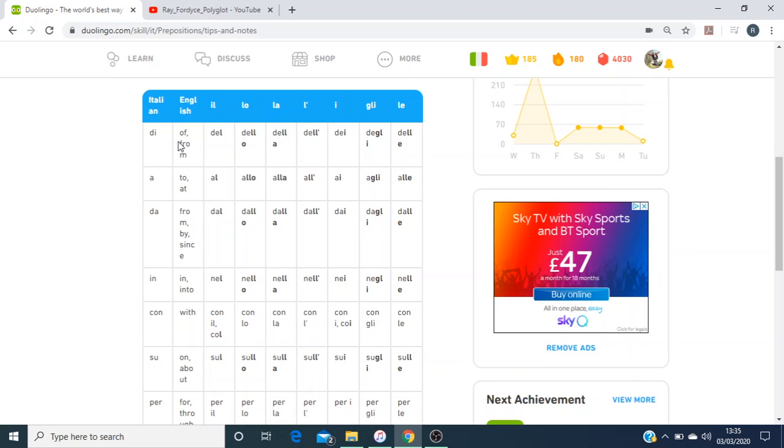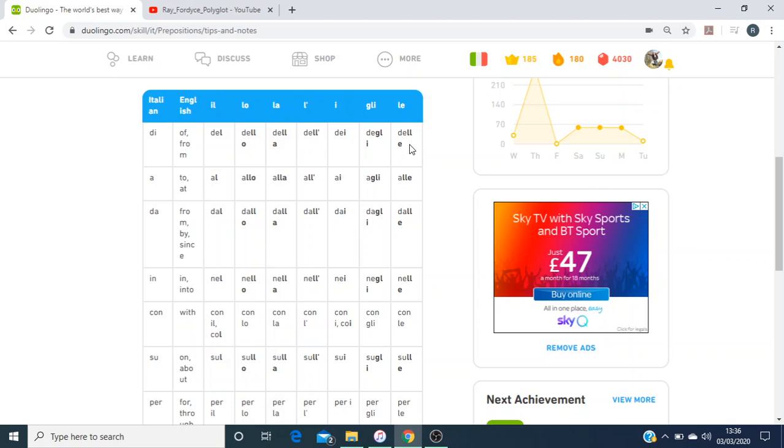So di, just on its own, means like of or from. When you use it with il, it's del, and with lo, dello, la, della, and l' it's dell'. Del, and i is dei, with gli is degli, and le is delle.